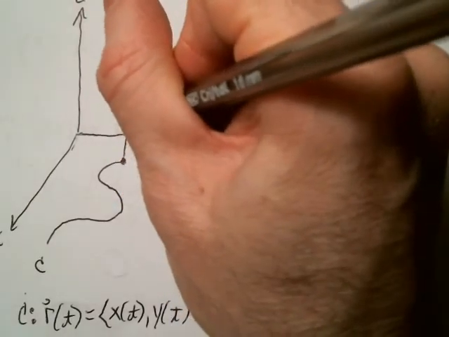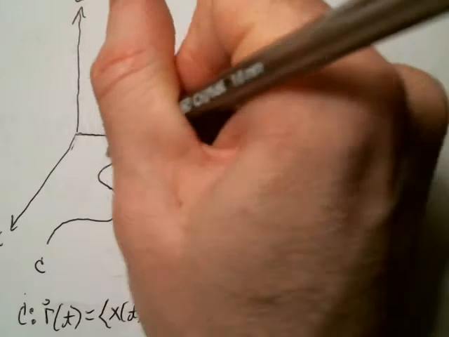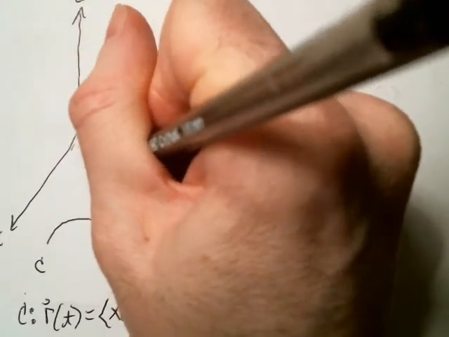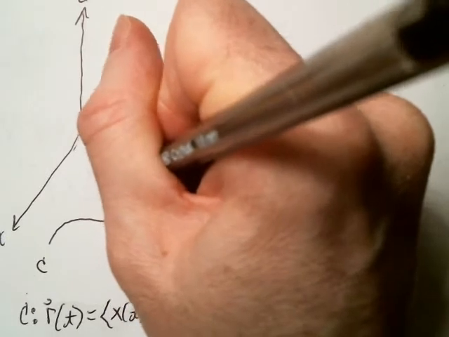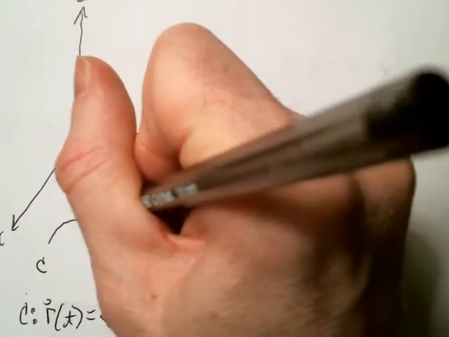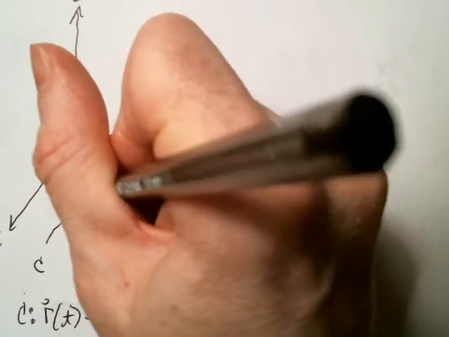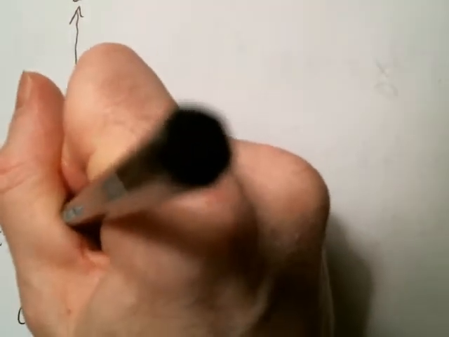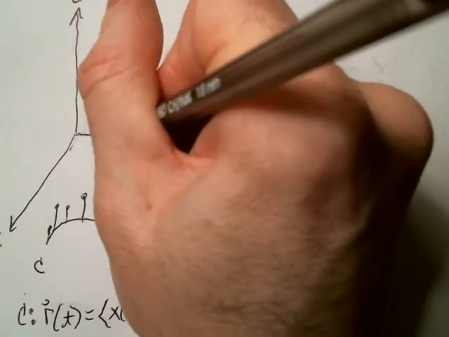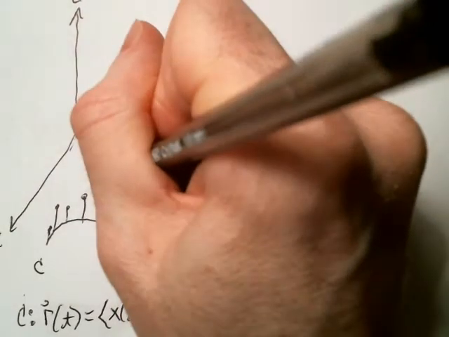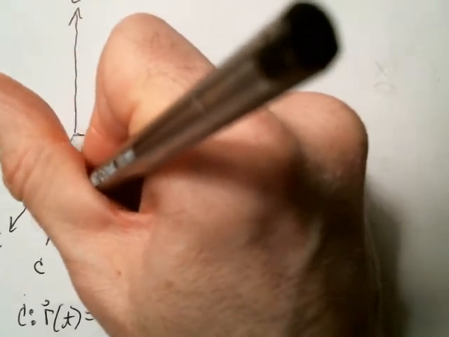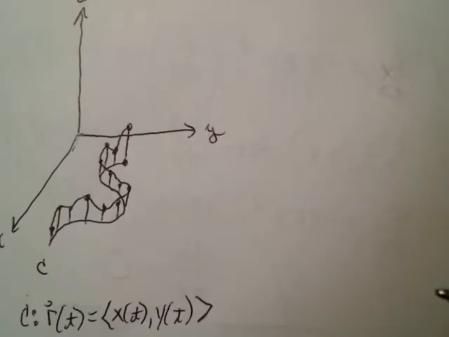So maybe it goes up to here, maybe then this one's not as high, and then it goes back up, then maybe it's right here, and then maybe it's over here, and then maybe it goes really small, then maybe it goes back up higher, and then maybe here, here, here. Okay, and then we sort of connect the dots. And maybe you get something that looks like that.